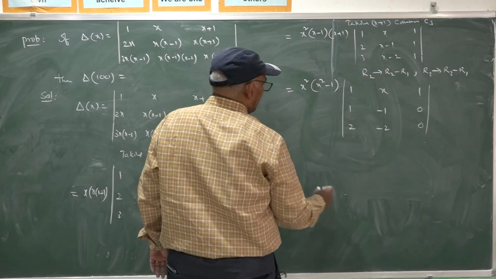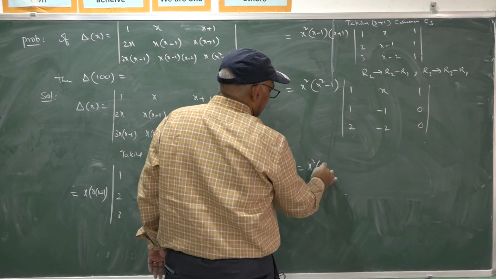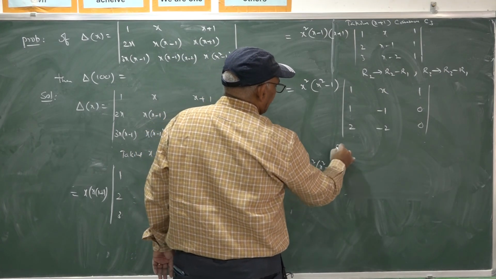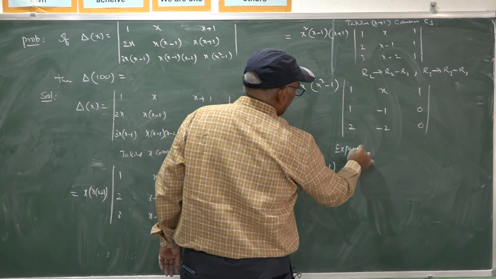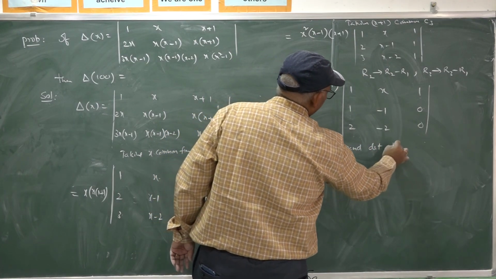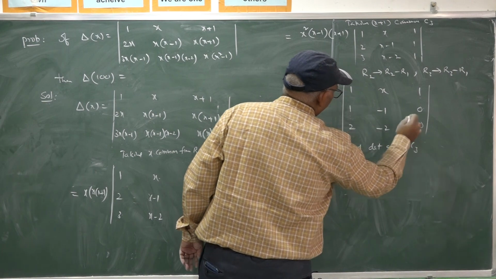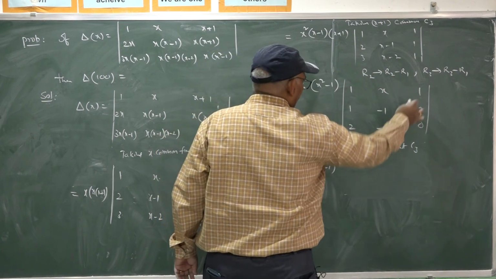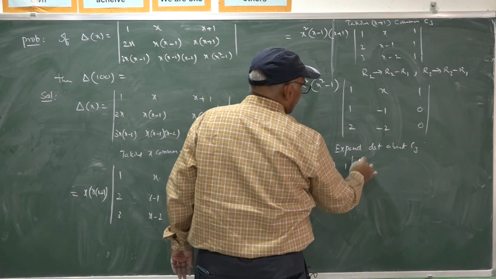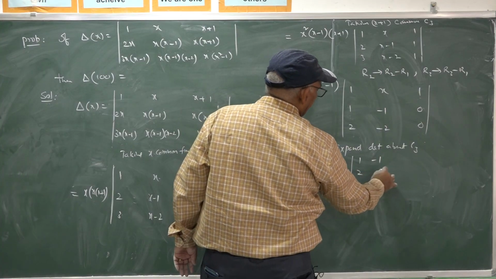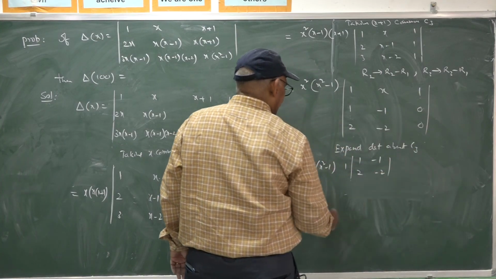Expand the determinant about the third column. We get 1 into the determinant 1, minus 1; 2, minus 2, which is 0.